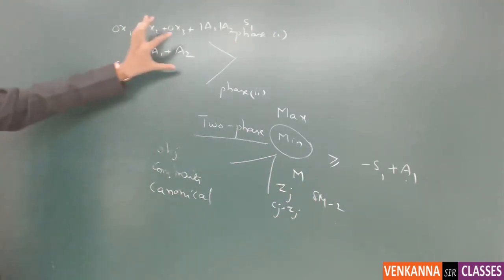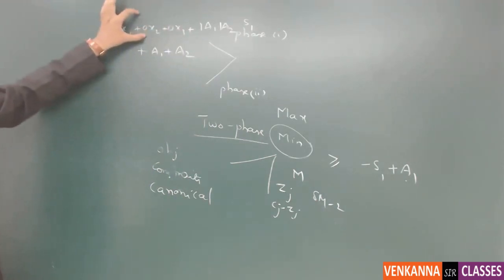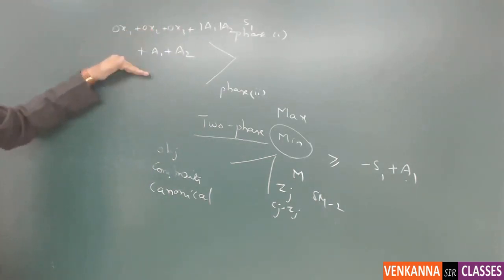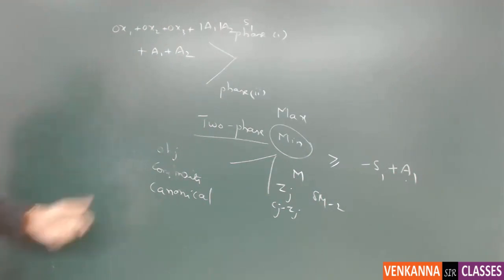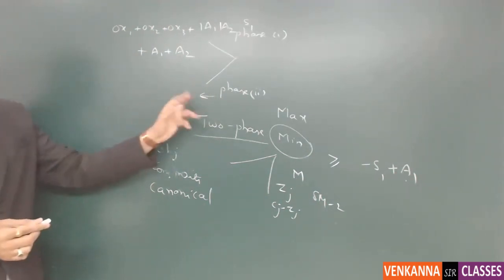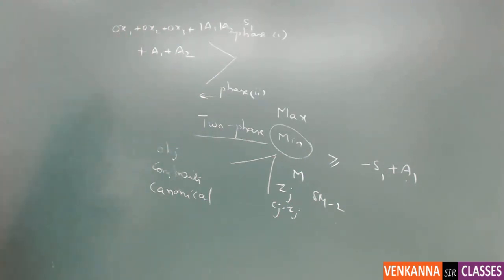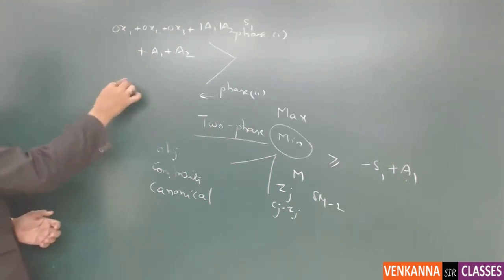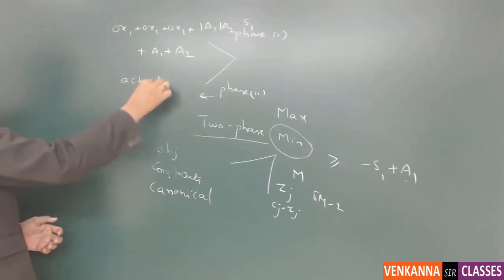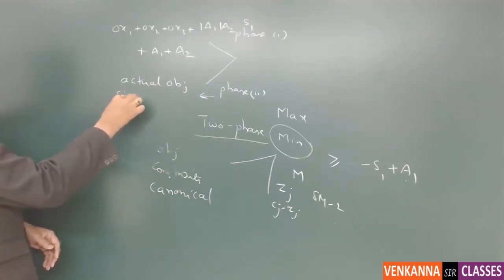Now we apply the simplex method for this. Since optimality is reached, we go to phase 2. In phase 2, we replace the original coefficients from the actual objective function and apply the simplex method again.